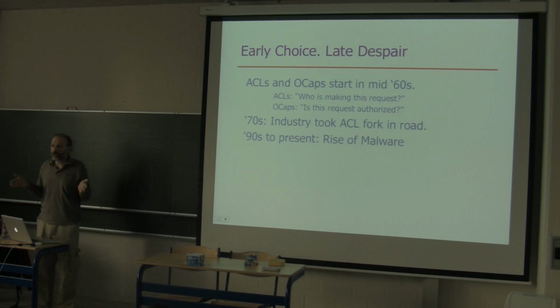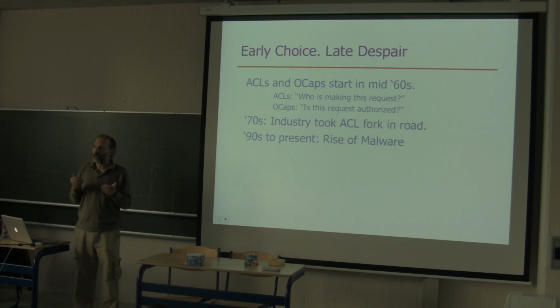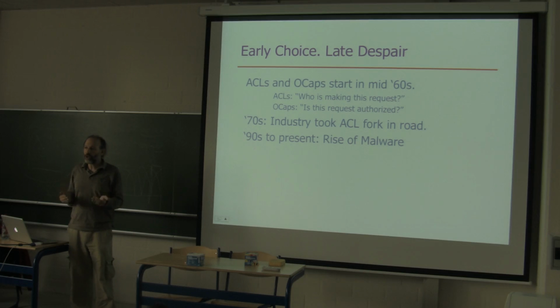Overall, the history of the computer industry and of computer science is this glorious history. Things keep getting better and better and better. Except for security. We seem to be stuck. And in fact, if you look at the statistics, in many ways, things keep getting worse. So the only perspective from which things are continuing to get better in computer security is from the perspective of the attacker.